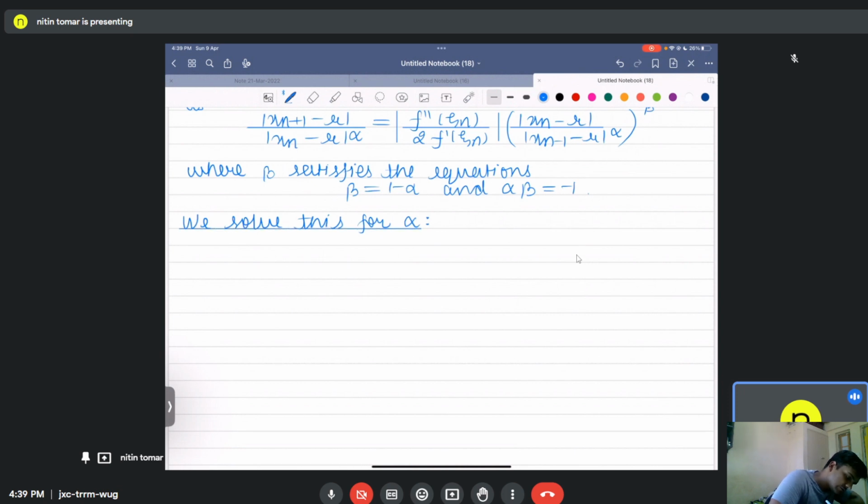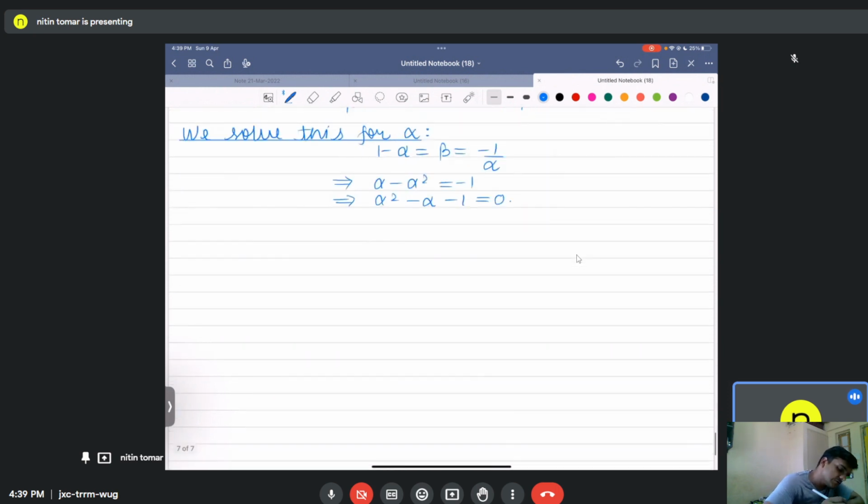How should we proceed to solve this for alpha? You see, 1 minus alpha is beta and beta is actually minus 1 upon alpha. So this implies alpha minus alpha square is minus 1, and hence alpha square minus alpha minus 1 is 0. If you solve it using the quadratic formula, alpha is 1 plus or minus the square root of b square minus 4ac, by 2.